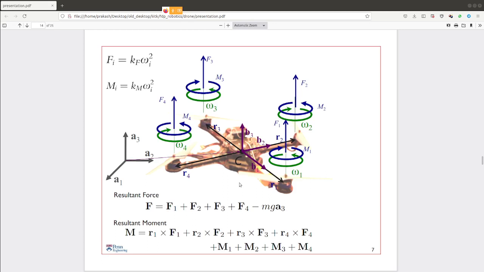So that's the total force acting on this body. What about the total or resultant moment? Due to the drag force, some moments are acting, represented by M1, M2, M3 and M4.